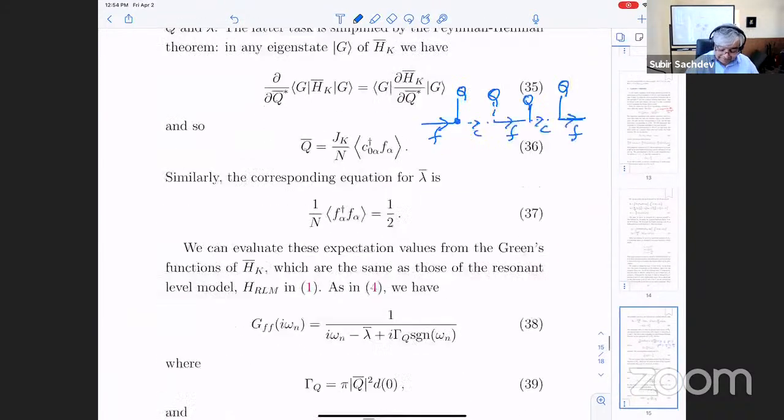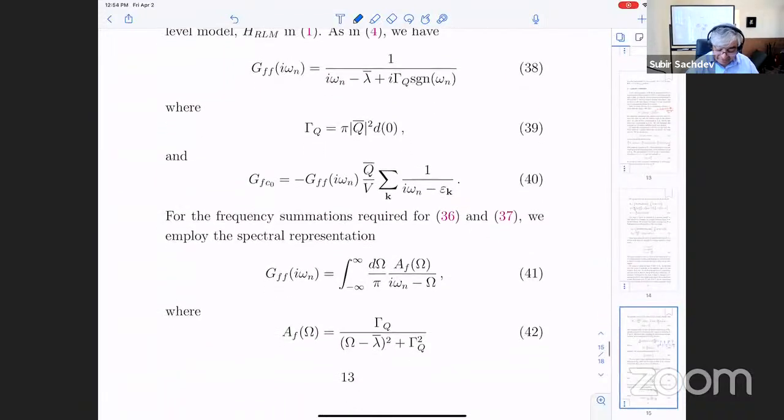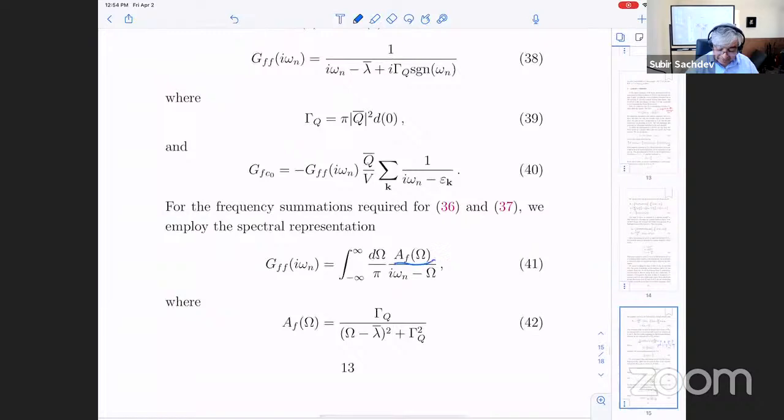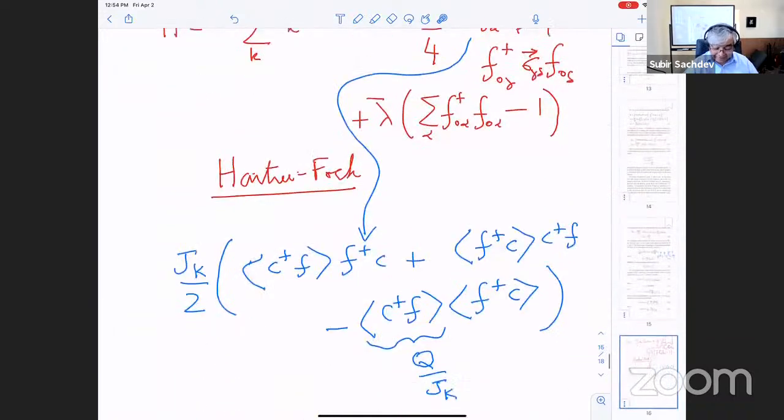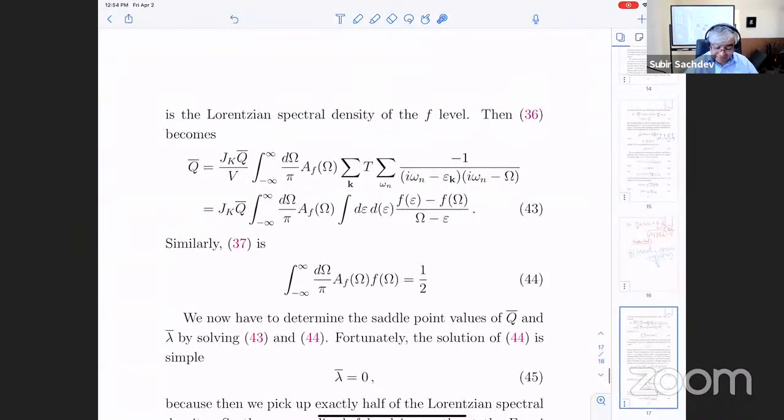So when you take this, these are the expressions that you get, GFC and GFF. GFF is a Lorentzian; the spectral density is a Lorentzian. GFC is basically GFF times G0CC times Q bar. You take these expressions and try to solve the two equations, which become this equation here and this equation here.